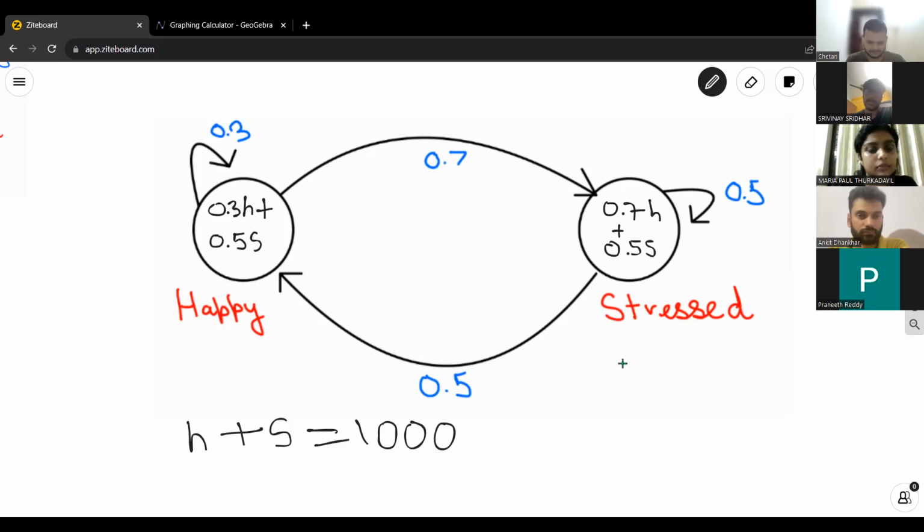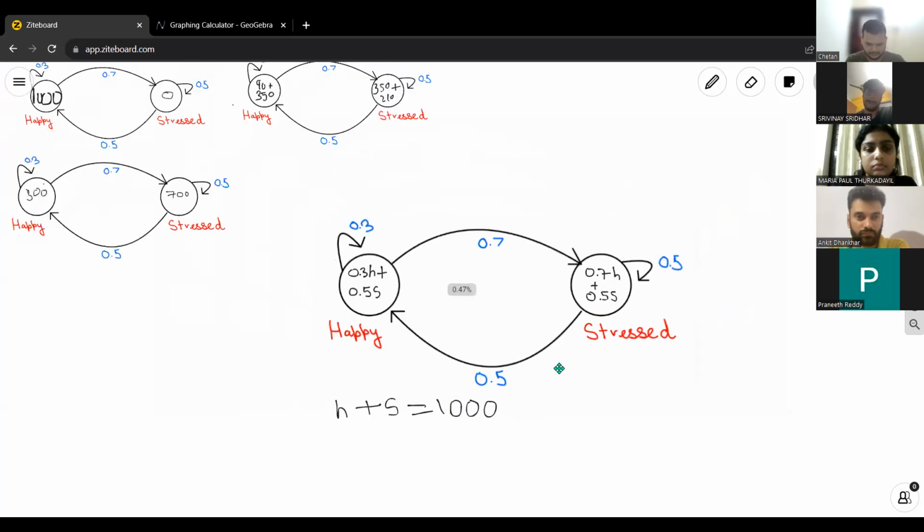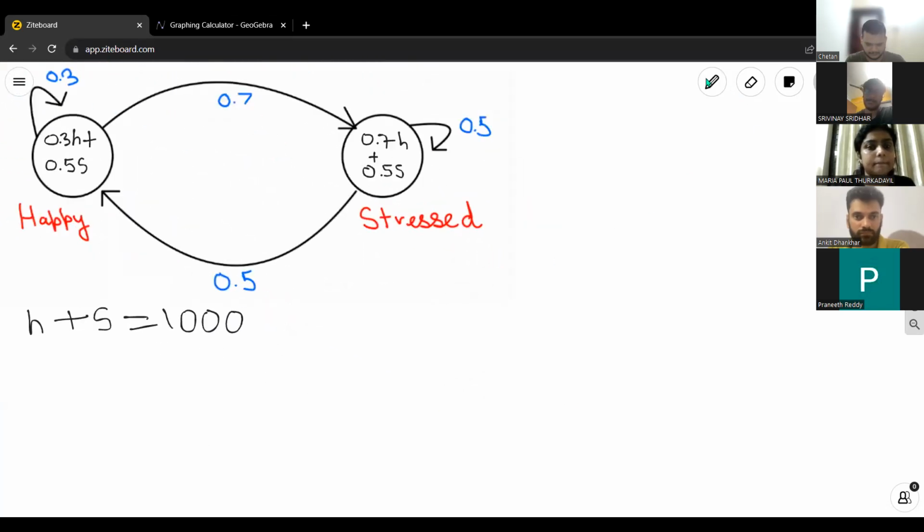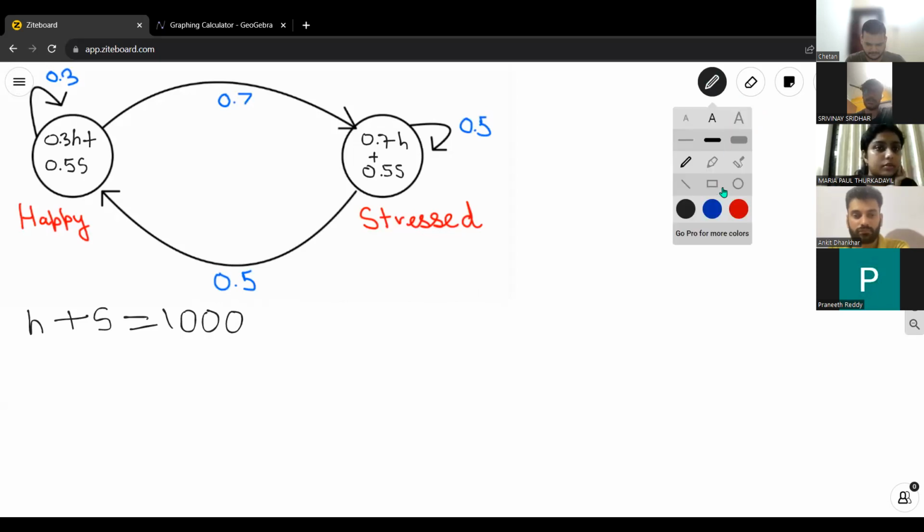So now we can see two simultaneous equations. Should I write these two equations in a matrix form? What is the right hand side?